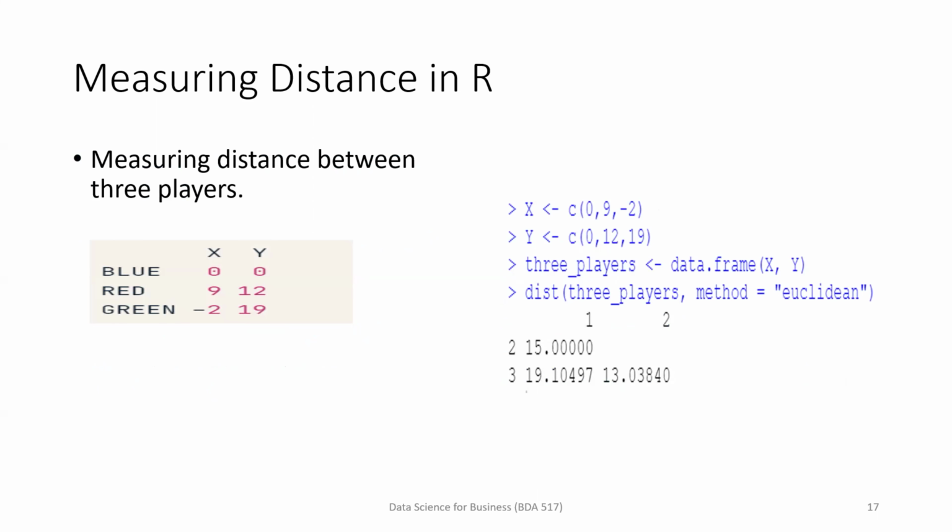So go and adjust the X: add -2 to your X, and then add 19 to your Y. Then create another data frame and name it 3 players. When you do that, find the distance between the 3 players. Now it's going to find the distance between 2 and 1, 1 and 3, 2 and 3.